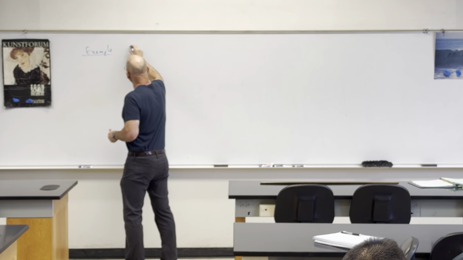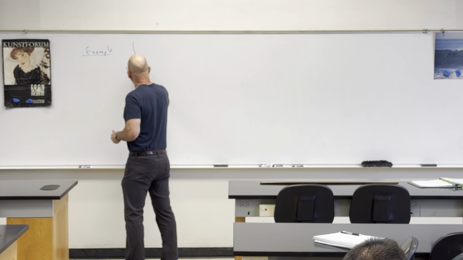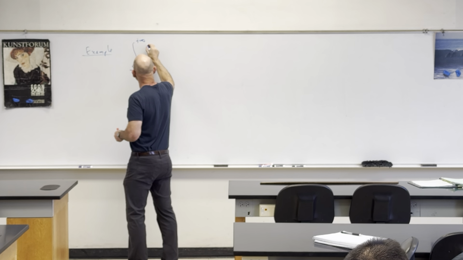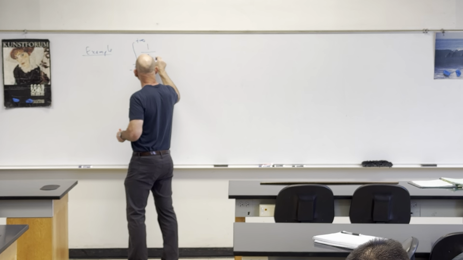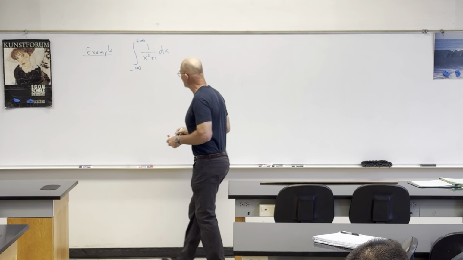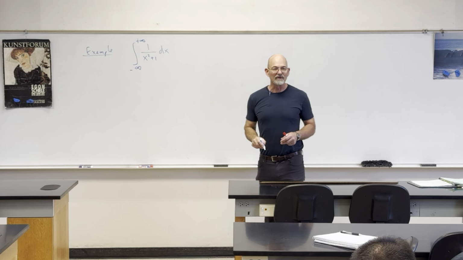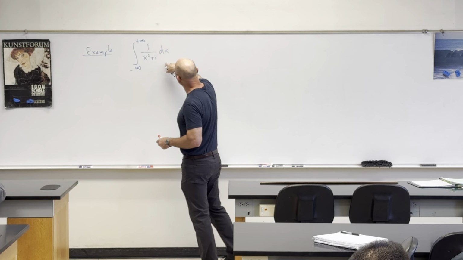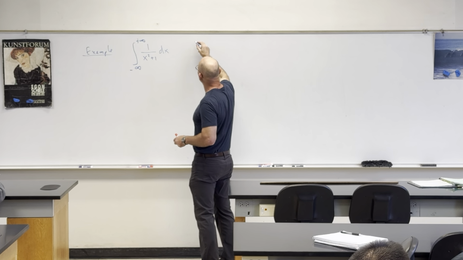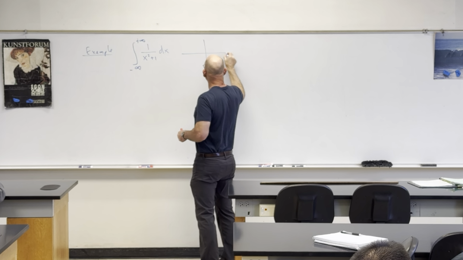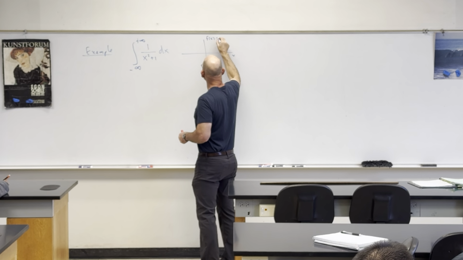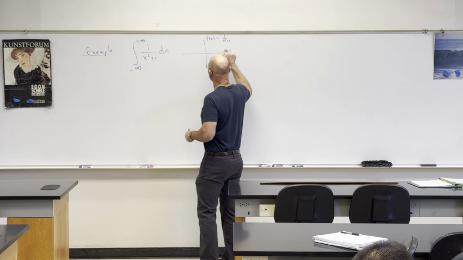So what we want is the integral from minus infinity to plus infinity of 1 over x squared plus 1 dx. This is a known integral. And if we were to say this is a real integral, then f of x equals 1 over x squared plus 1.